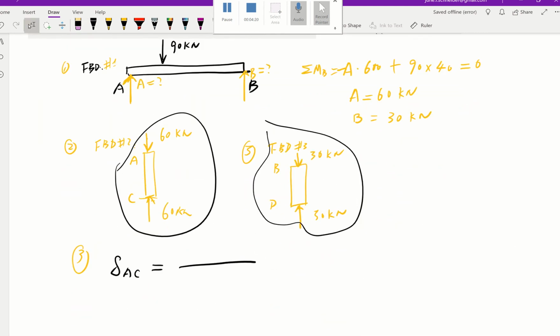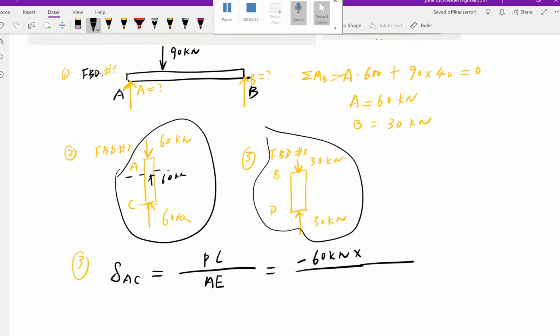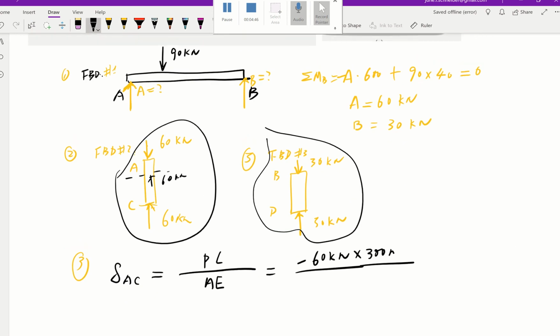So delta AC is going to be PL over AE. That's our formula. If you cut anywhere between A and C, the internal force will be 60 kilonewton, and it's negative because it's compression, it's contracted. And L, the length of AC, is 300 millimeter.